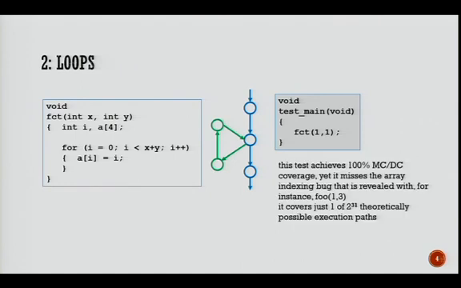And actually, there are 2 to the 31st possible executions of this program, right? Because x plus y could add up to any integer number. If you test only 1, you hit all the statements, and you're done. Your manager is very pleased, right? 100% coverage. Yet you don't find the bug.